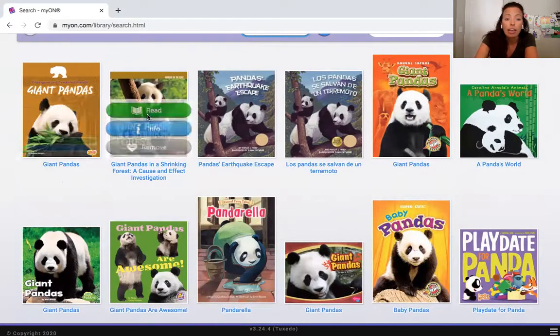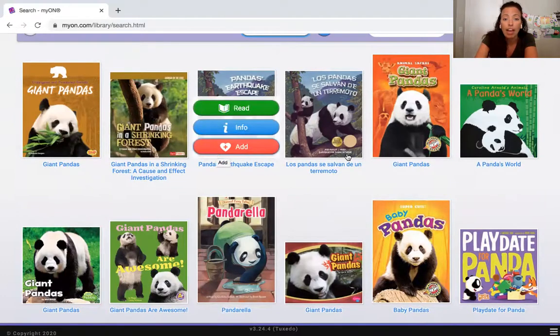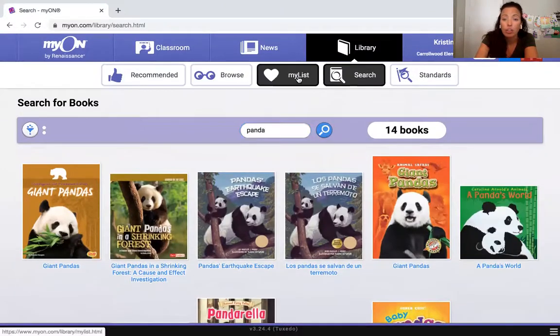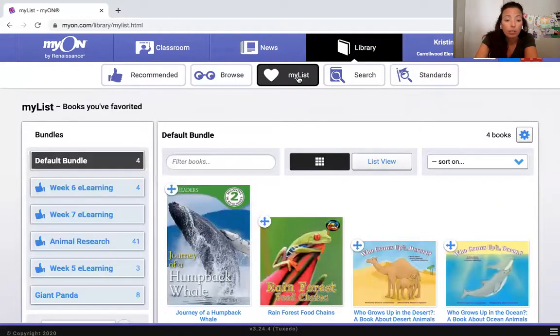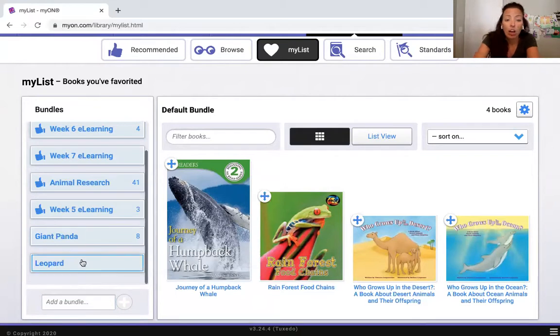So any books like that I found, like these two, I clicked on that heart button, and that added it to my list. And then if I go here to my list, they showed up right here, and I dragged them into their own little bundle called Giant Panda. So if you were researching a leopard, you could make a leopard bundle, and then all the little leopard books you find, you could put in there.